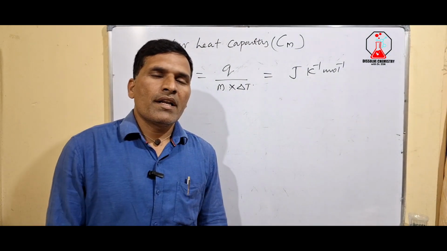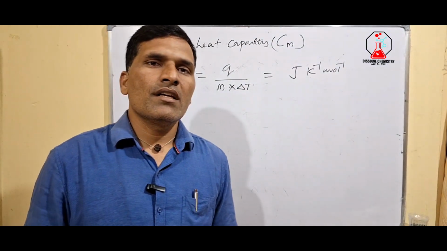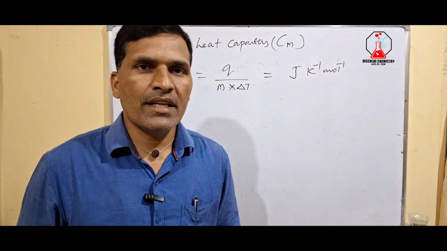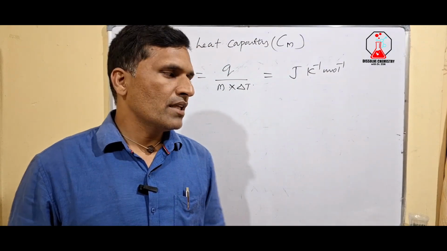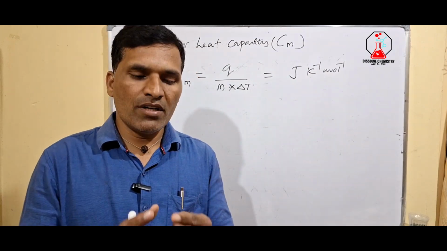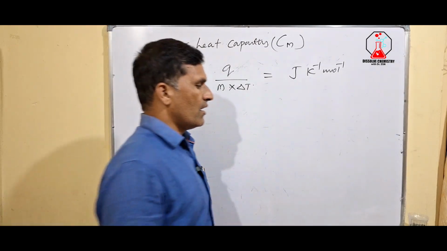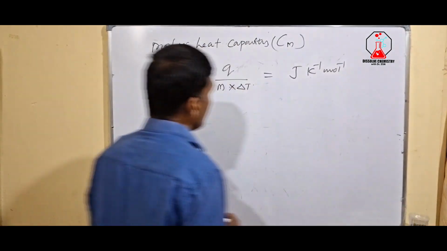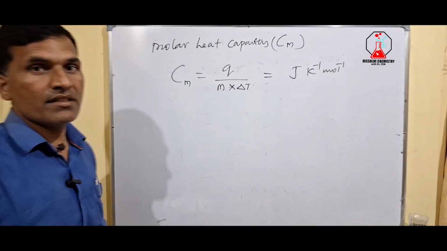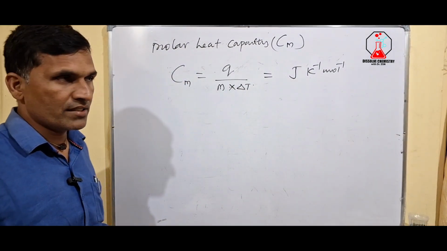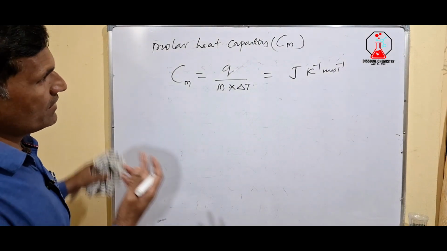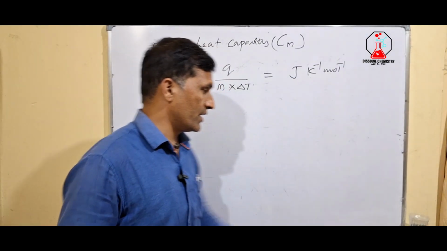So this same molar heat capacity, when we want to define for a gaseous system, what will be its definition? It will be defined in 2 ways, or it is going to vary under 2 conditions. At constant pressure it is different, and at constant volume it is also different. So let us define this molar heat capacity under those 2 conditions.